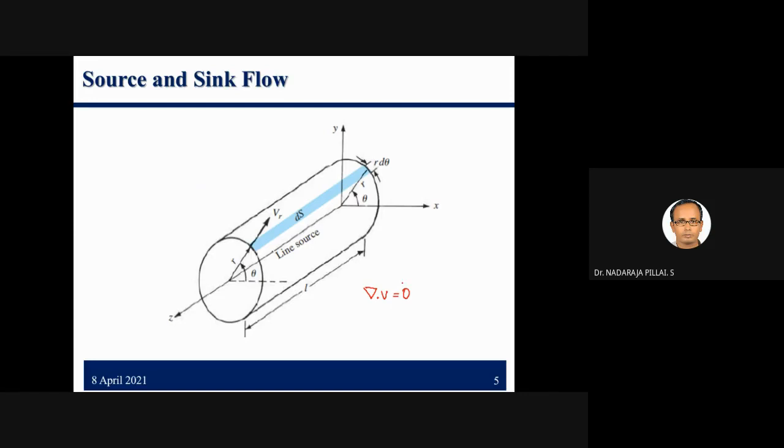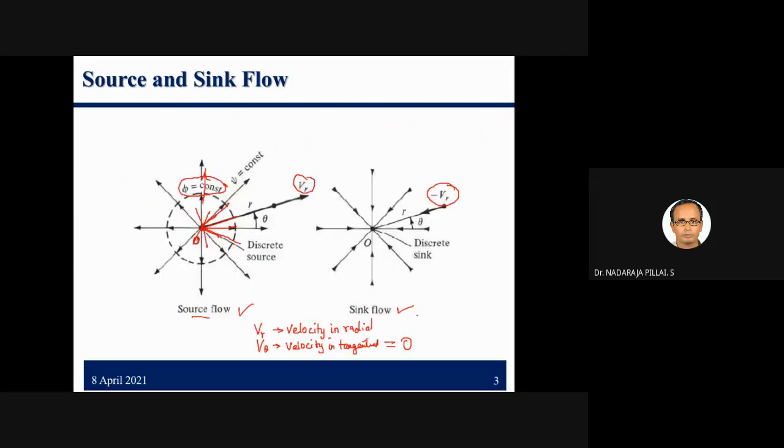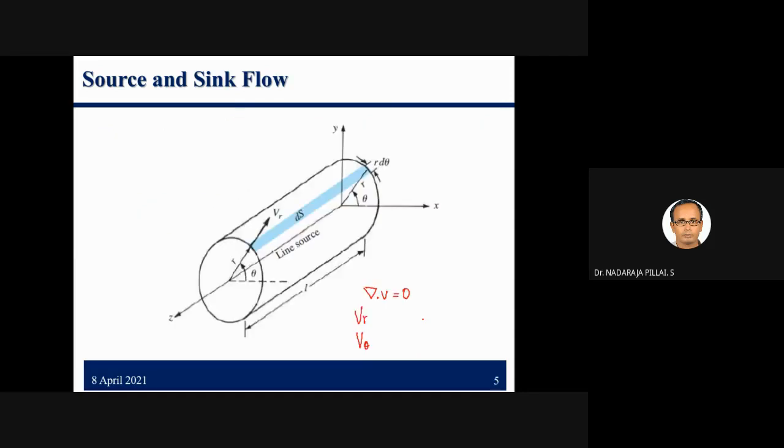So we can write Vr is equal to C by r, and V theta is 0, as we know already.